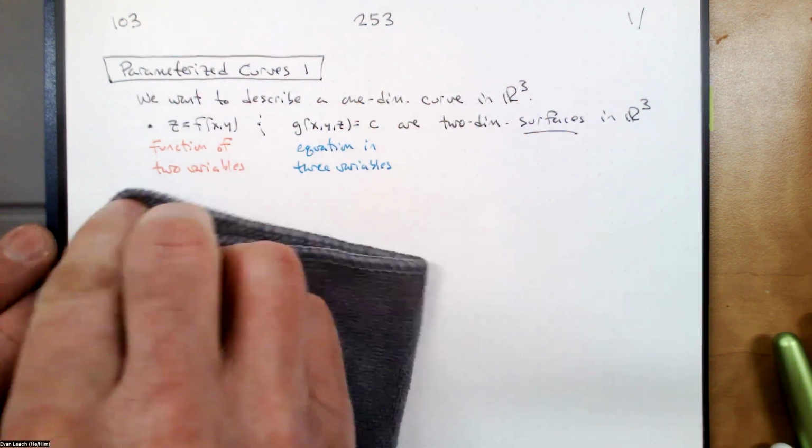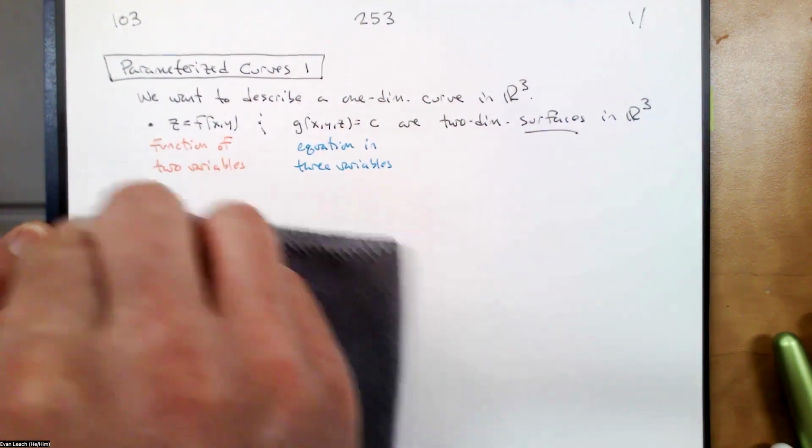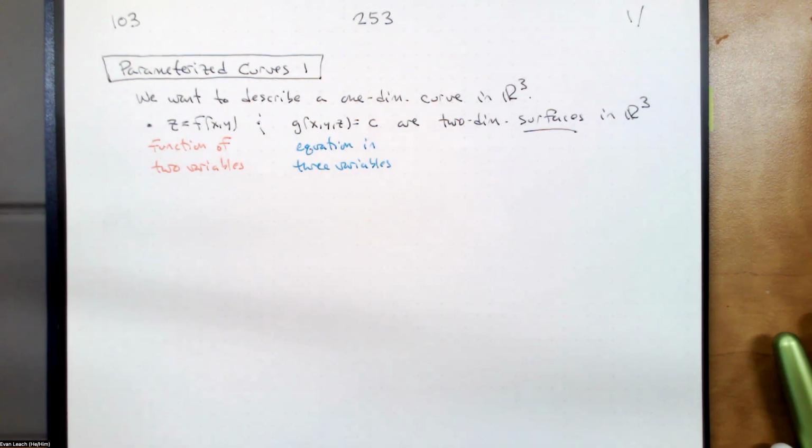Actually, before we do this, let's just write down the big idea of parameterizing a curve. Instead of defining some kind of relationship between x, y, and z, we're going to define x, y, and z independent of each other as functions of some parameter.